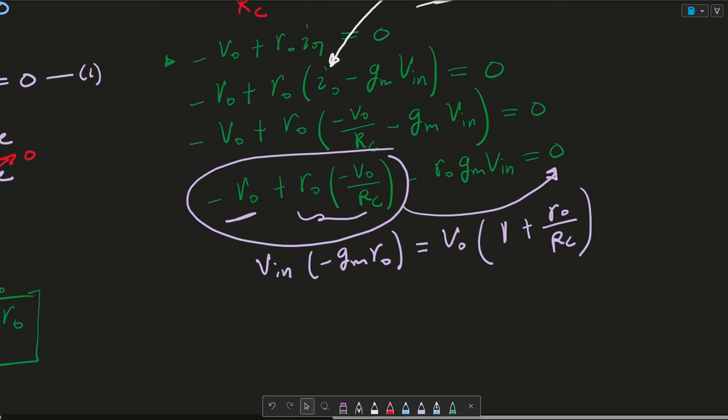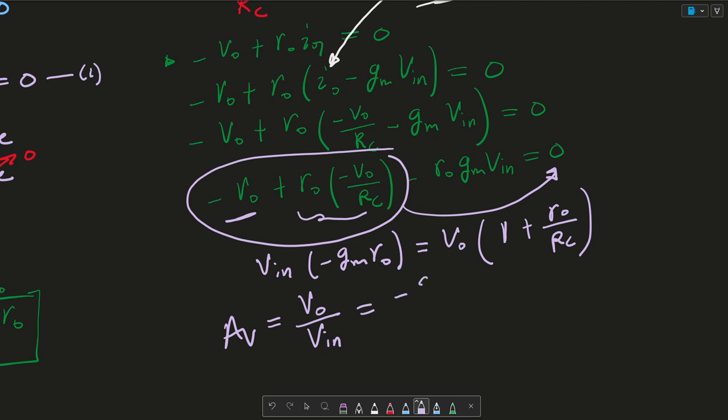To finish this off, AV is equal to V out over V in. So this is going to be equal to minus GM RO over 1 plus RO over RC.